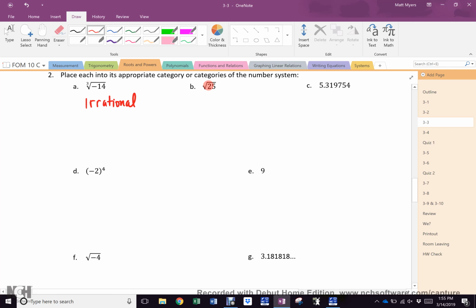What is the square root of 25? 5. So this is 5. What is it? Natural. Because it satisfies natural, it fits in everything else. What about C? It is rational. Why? It ends.